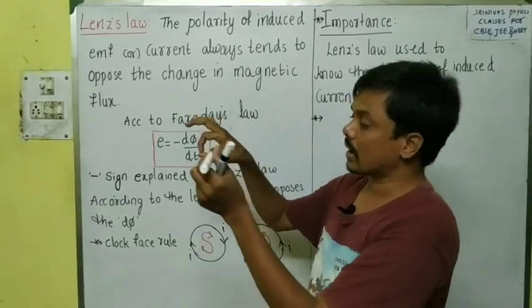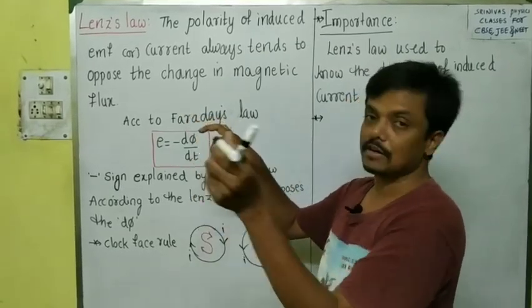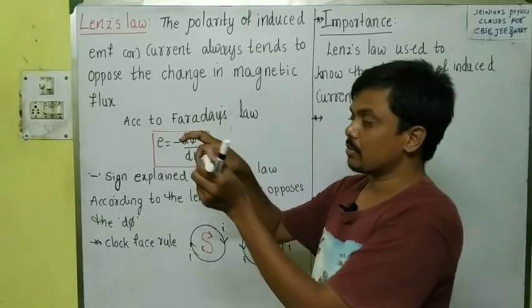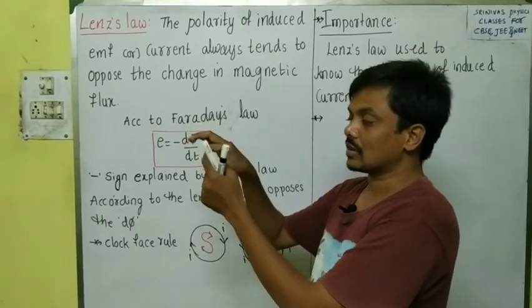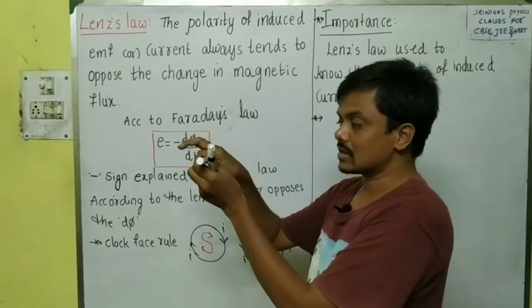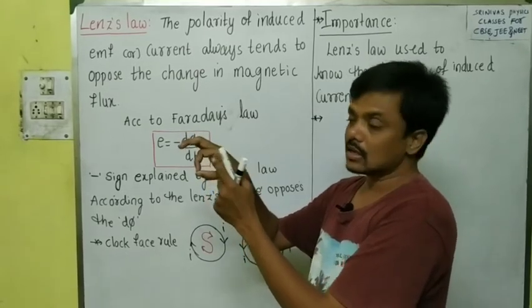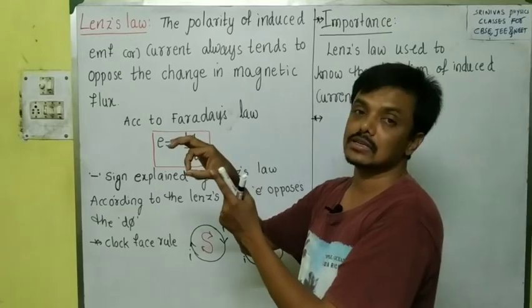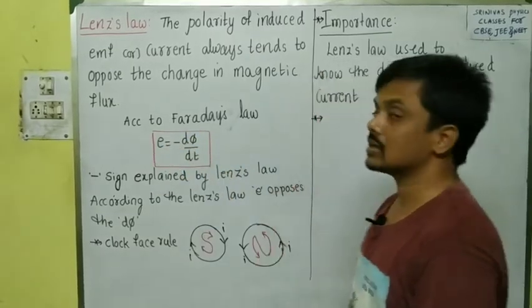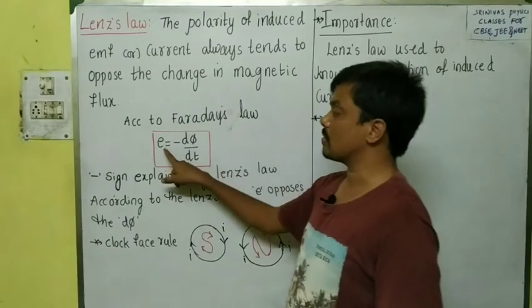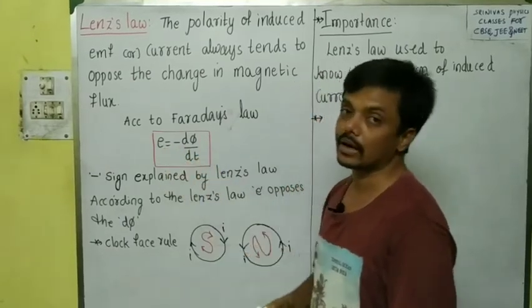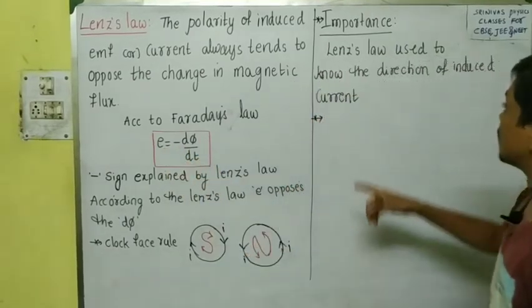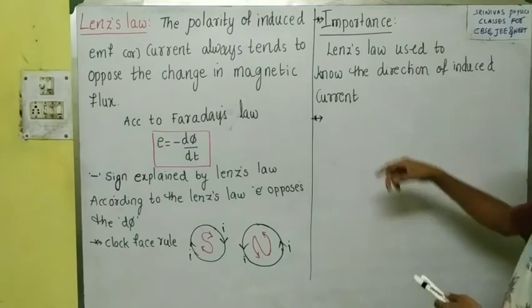When you move the magnet either towards the loop or away from the loop, the magnetic flux linked with this loop changes. Then the change in magnetic flux induces EMF and current in this loop, according to Faraday's law, induced EMF is equal to the negative rate of change of magnetic flux. Now, Lenz's law is used to know the direction of induced current.